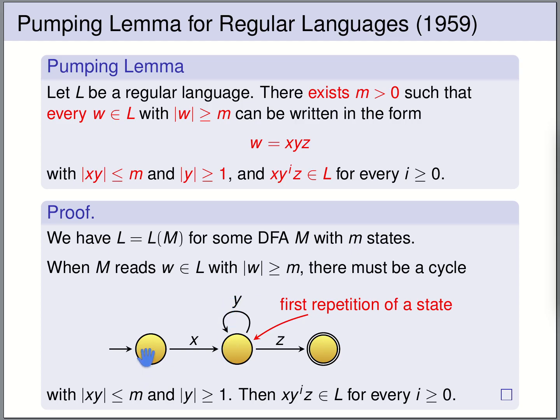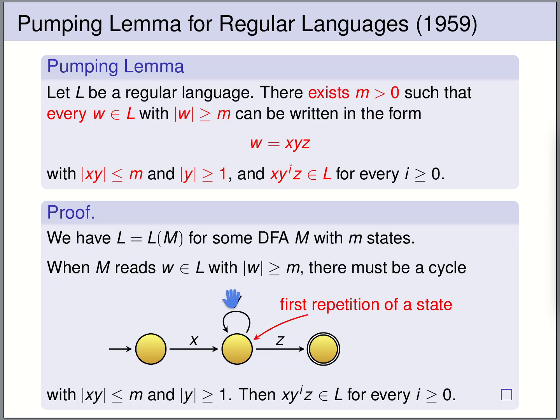So we read w, we have some prefix. Then we have our first repetition of states. This means that there's some state q, and then we continue reading, and after a while we get back to q. It does not mean that this is a single transition. This is a path consisting possibly of multiple transitions. After this loop we continue, and possibly there are more loops, but we are not interested in them.